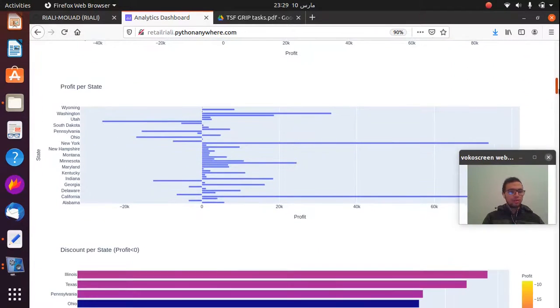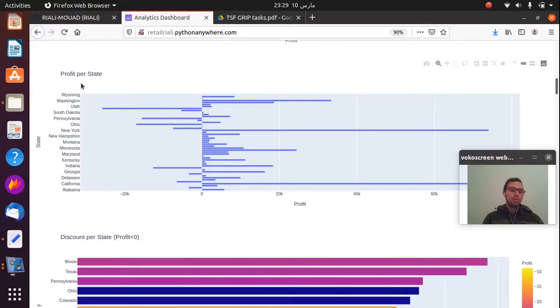Now we're going to focus on the profit per state. Here we sum up all the profits belonging to each unique state.